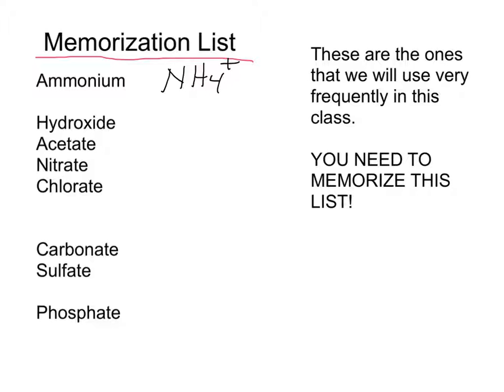Now, hydroxide is where we get into the -1 charge. All of these here have a -1 charge, okay? So let's make sure that we write these out. Hydroxide, an oxygen and a hydrogen, negative charge. Acetate, C2H3O2 with a -1 charge.